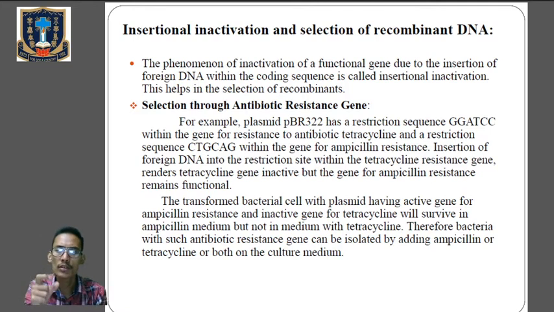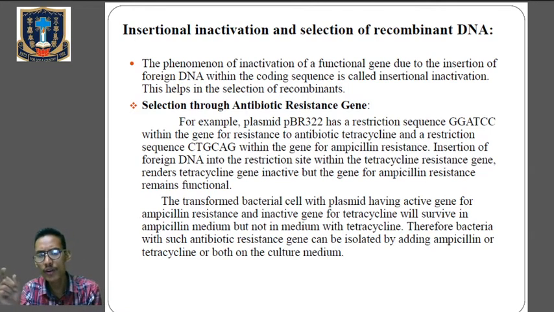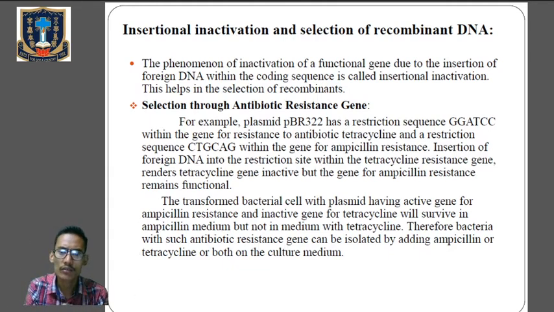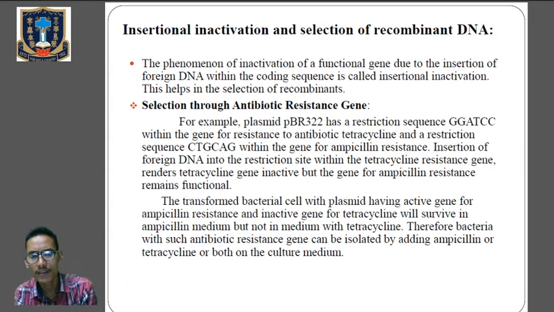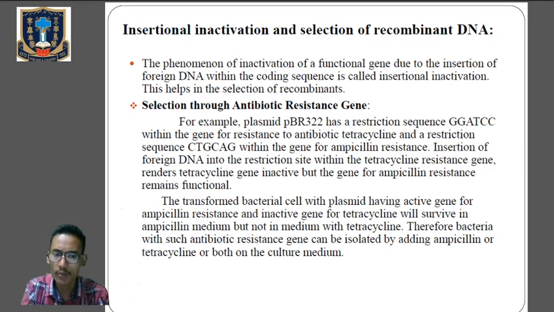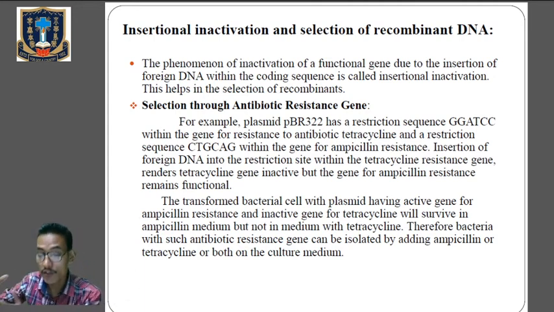Suppose we put a foreign DNA into the functional gene, and if that gene becomes inactivated, then that is called insertional inactivation, and this will help in the selection of recombinants. We can usually distinguish between the recombinant DNA and the non-recombinant DNA.